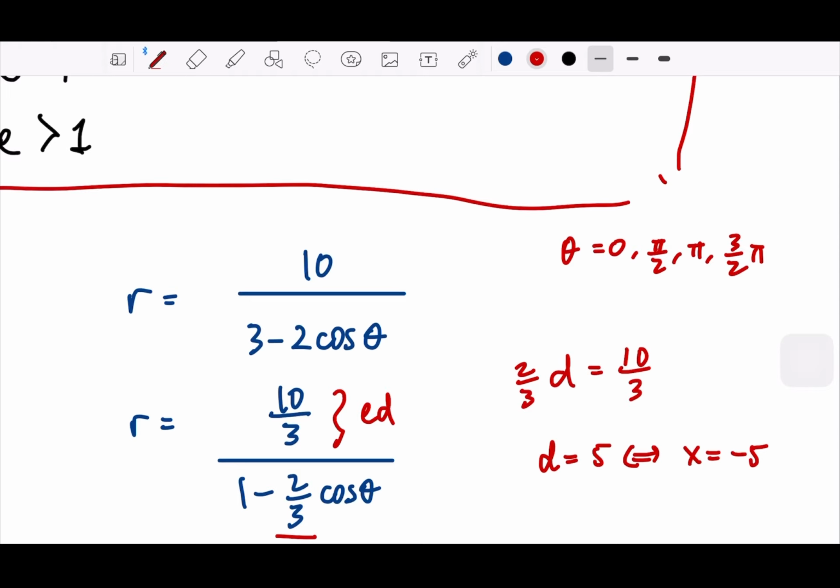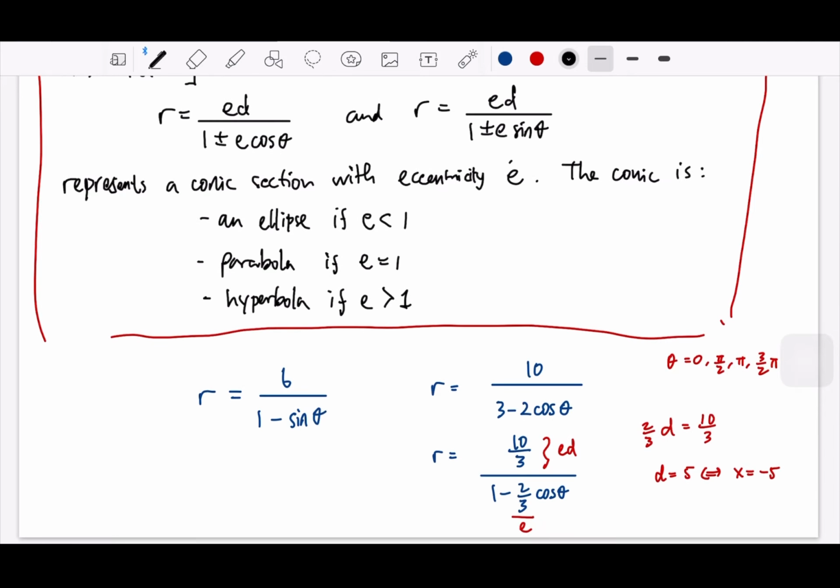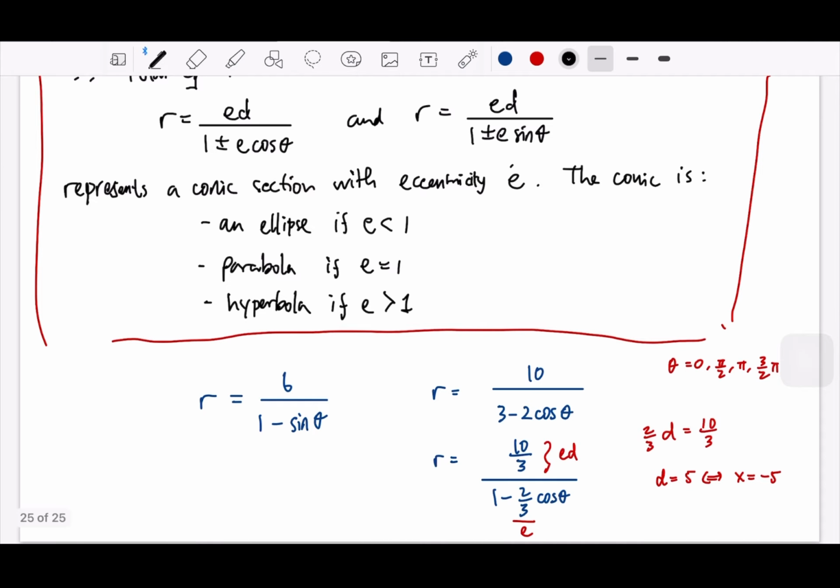Okay, let me give you another example that is a hyperbola. It's a little bit more effort than the ellipse and the parabola, because for a hyperbola you will have two parts, right?